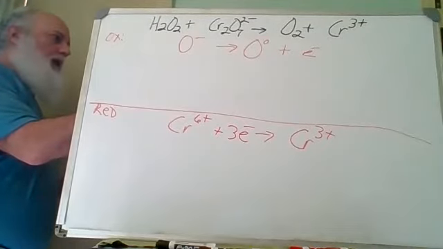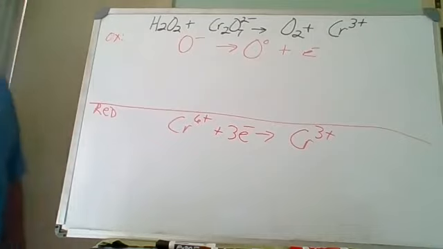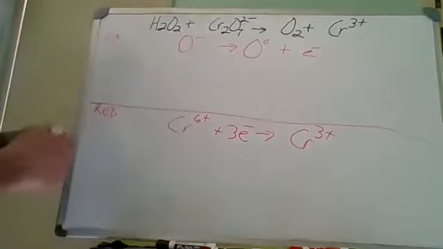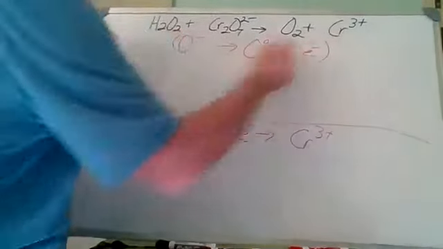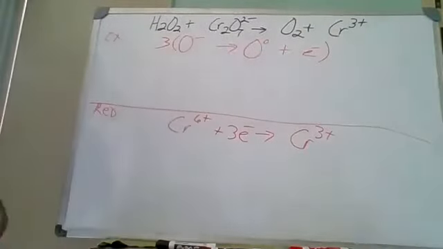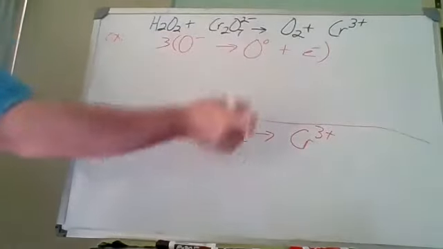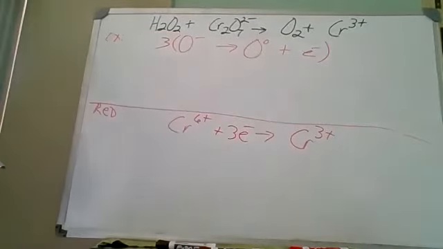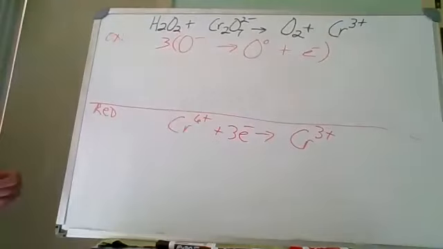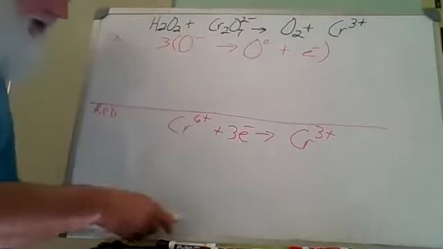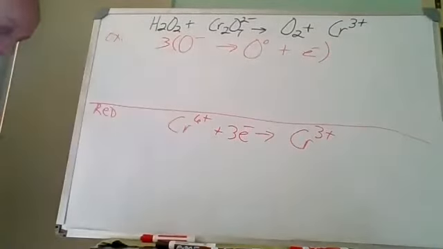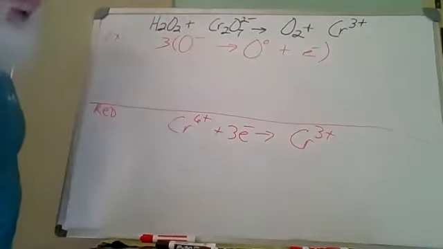Now we can immediately see that the electrons do not balance. So I'm going to multiply this times 3. Now they do, 3 electrons here, 3 electrons here. But there's going to be a problem here, and pay attention, because this is another little trick we haven't yet seen before.